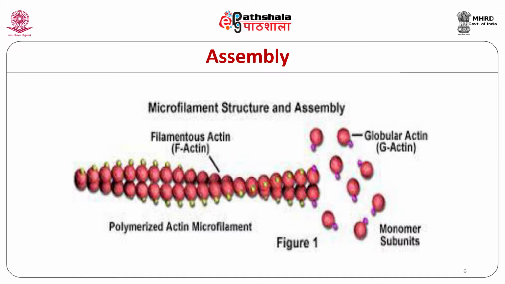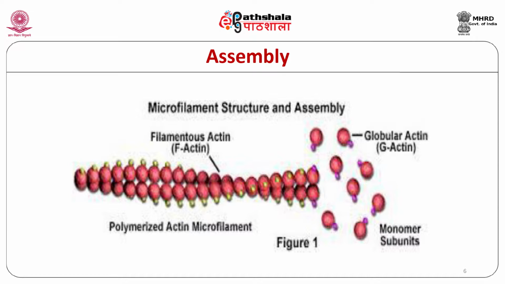The ends are called the plus end and the minus end. The filament is always arranged with the barbed end at the plus end and the pointed end at the minus end, which is shown in the figure.